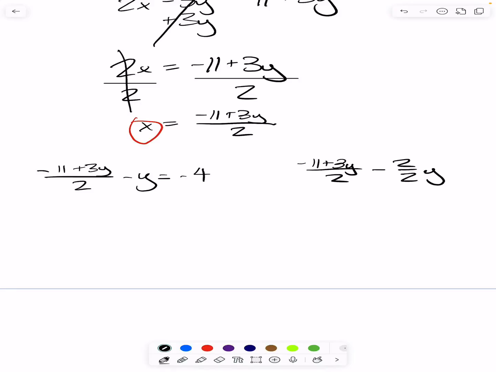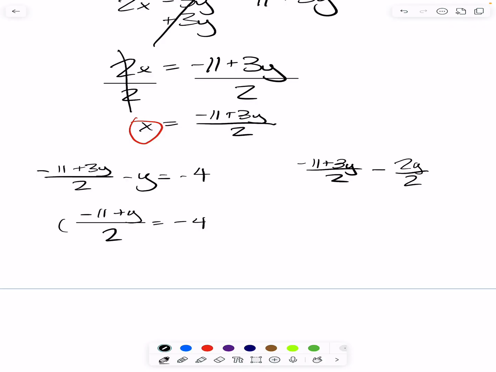So from here, what I could do is, what's 3y minus 2y? 1y, right? Positive 1y. So this would equal negative 11 plus y over 2 equals negative 4.